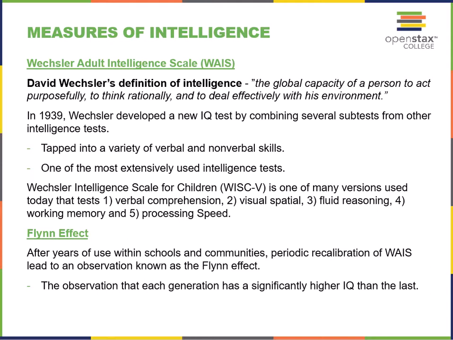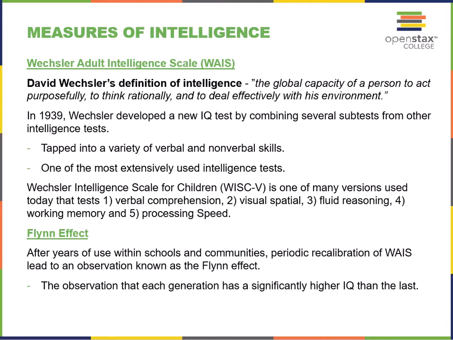And it looks at 5 different areas: verbal, visual, fluid reasoning, working memory, and processing speed. So verbal, how well you can understand; visual-spatial, how things relate to each other; reasoning, so understanding how things work together; working memory is how many numbers you can remember; and processing speed, so how quickly you can solve problems.